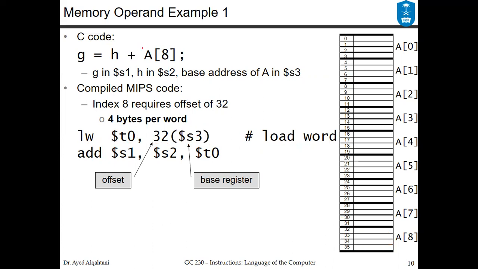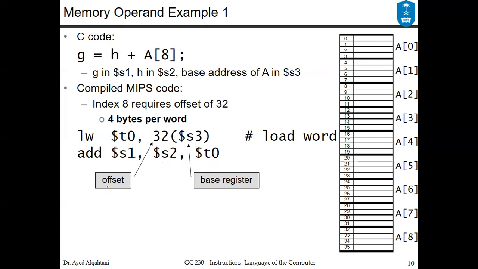Now, after we executed this instruction, this means that we have the data corresponding to this part of the statement. Now we need to add to that the data in H, which is in S2. So we add S2 with T0 that we already got here, and then we put the result in S1.